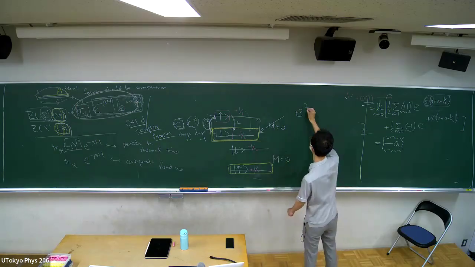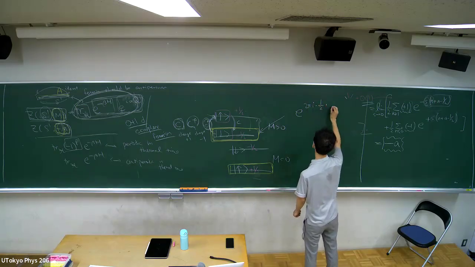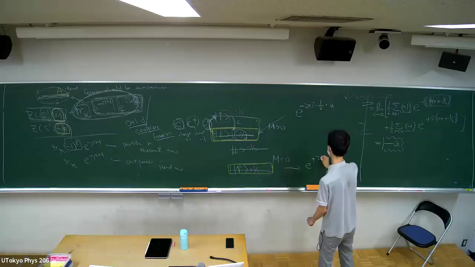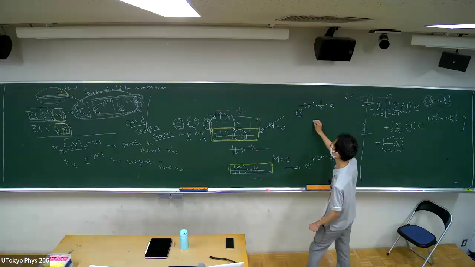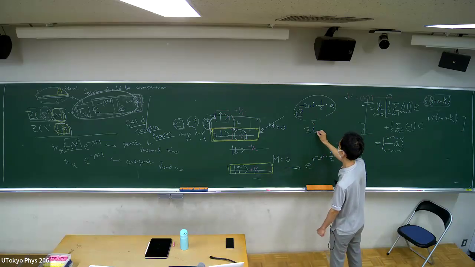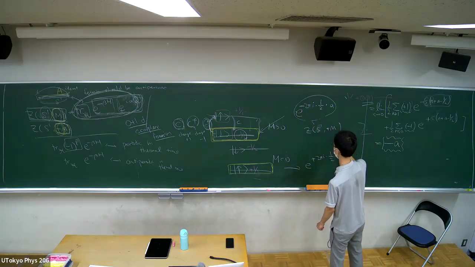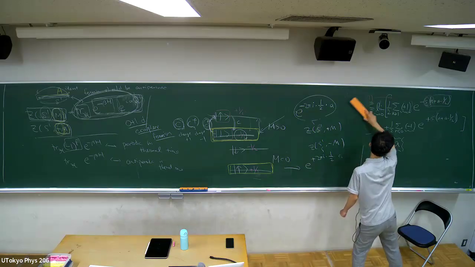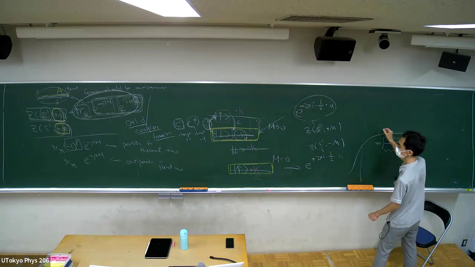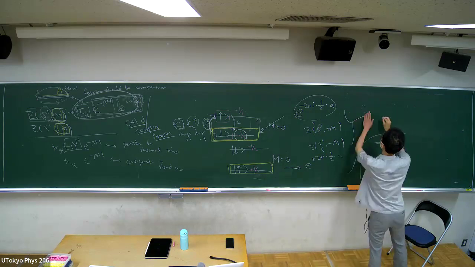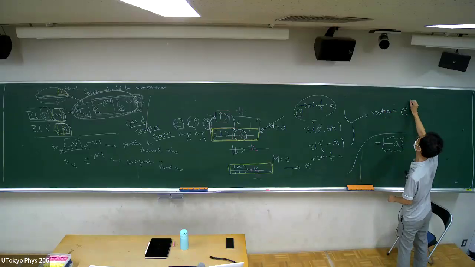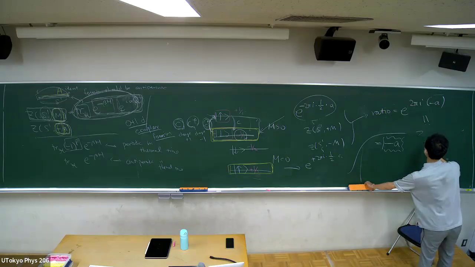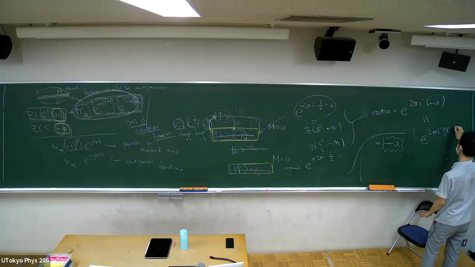So this is just exponential of 2 pi i times 1/2 A, and minus, because this is -1/2, this gives you the phase plus 2 pi i times 1/2 A. This is the phase part of Z on S1 with plus M, and this is the phase part of Z on S1 with minus M. So if you take the ratio, the ratio is just exponential of 2 pi i times minus A. And the definition of the eta invariant was that this is exponential of 2 pi i eta of this Dirac operator.